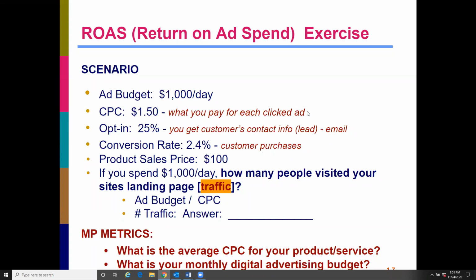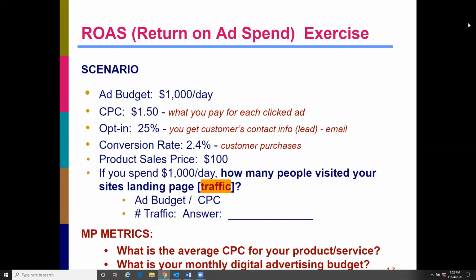It's where you're offering up some free content, and you're hoping to get a lead. Now, obviously, an email lead is a pretty crappy lead because folks are going to give you their don't-bother-me Gmail address. A phone number is better. But you set that up, whatever that lead is. Let's assume you have an opt-in rate of 25%.